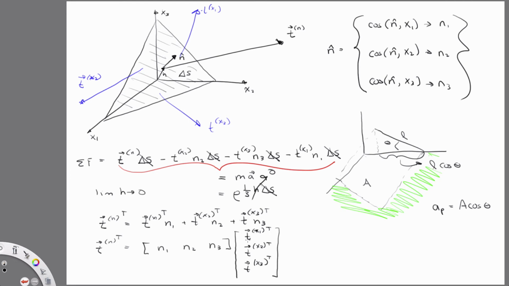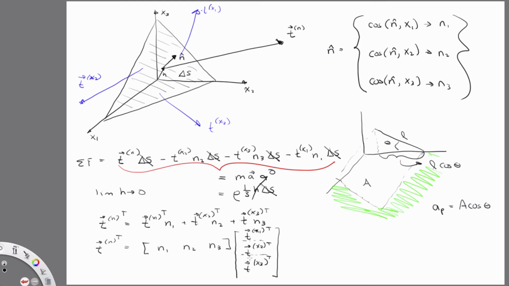Now, these are row vectors, right? So T x1 transpose is a row vector, because by default it's a column, we transpose it, it's a row. So what I have here is actually a tensor, because each of those 3 rows has 3 entries, 3 columns.